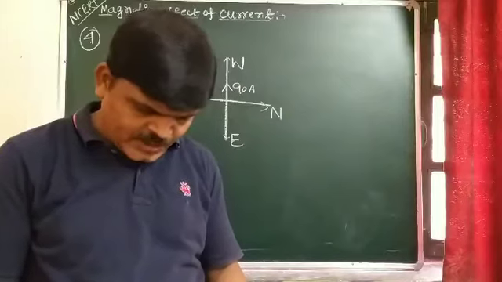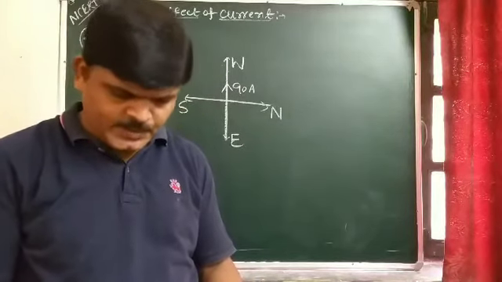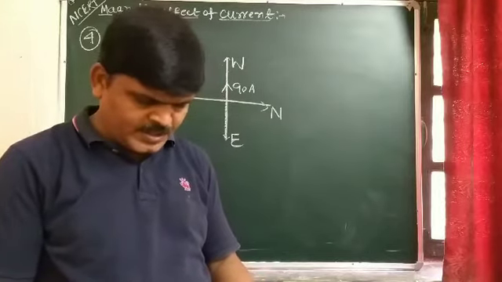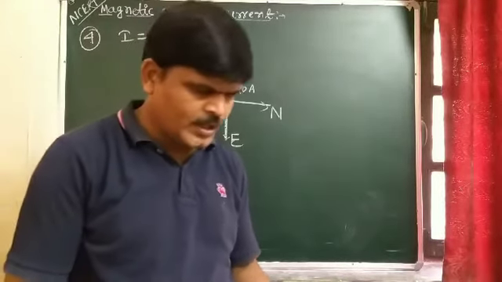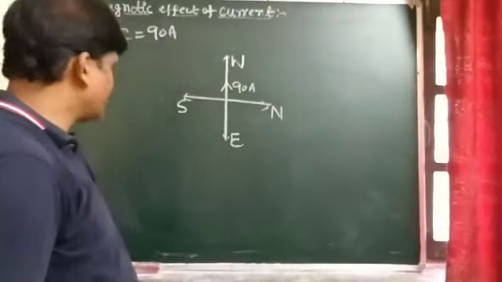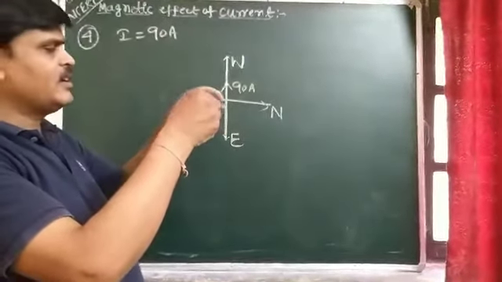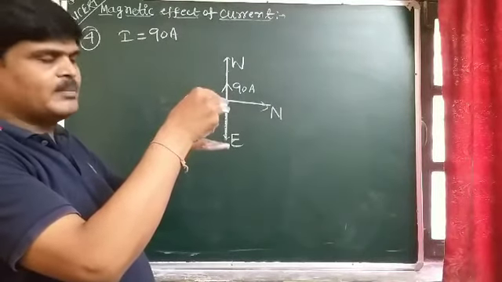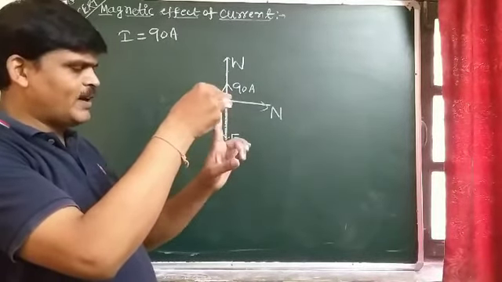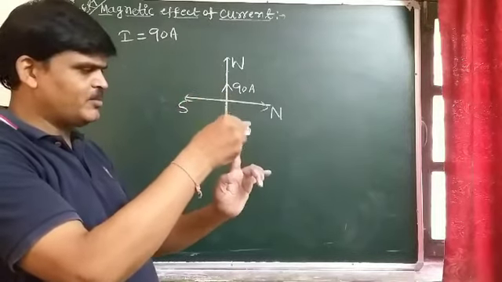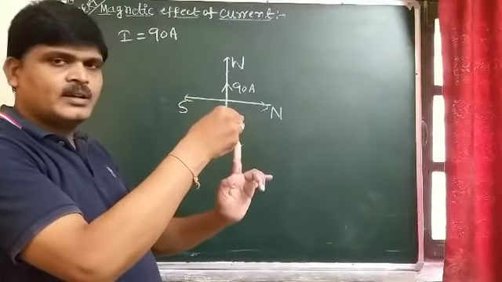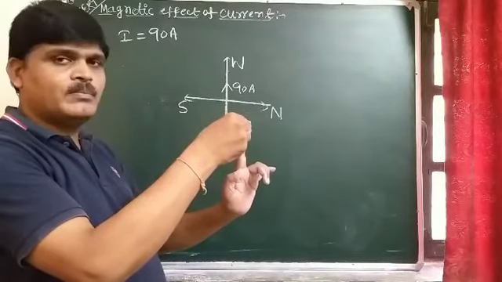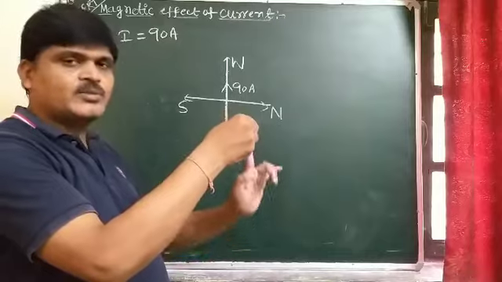What is the magnitude and direction of the magnetic field due to the current 1.5 meter below the wire? 1.5 meter below the wire means current is flowing from east to west, and we have to find the magnetic field at a distance of 1.5 meter below this wire.